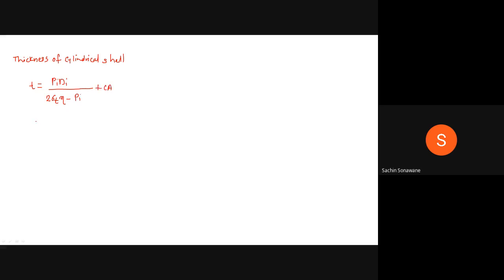Substitute the values: 1.575 into 1650 divided by 2 into 170 into 0.8 minus 1.575, plus 2. Calculate the thickness of the cylindrical shell.